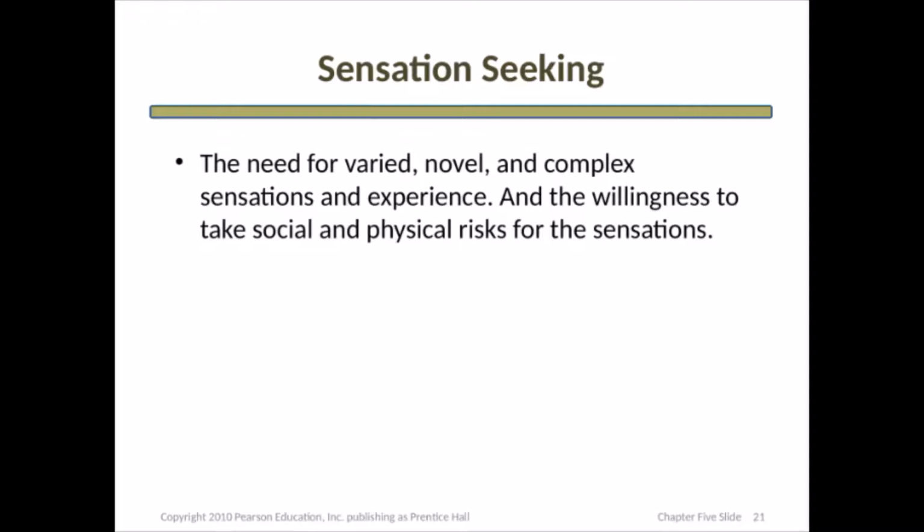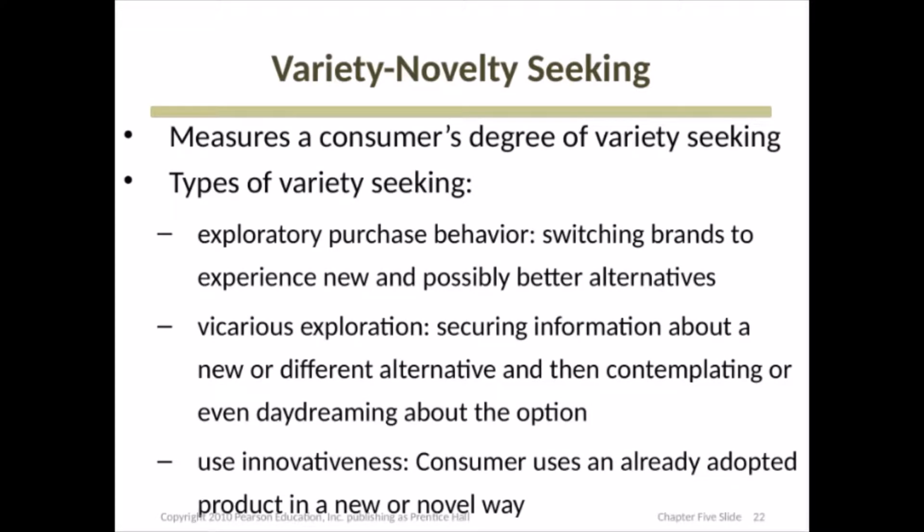Okay, I think the final one is variety seeking. Yes, or variety novelty seeking. Okay, this is a trait similar to optimum stimulation level. هي دي variety and novelty seeking.